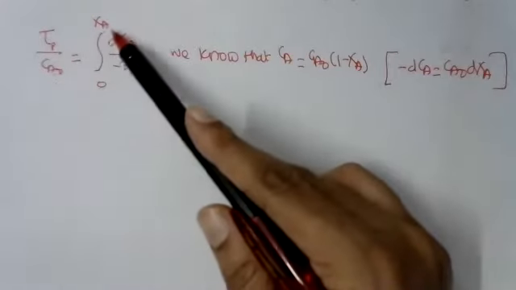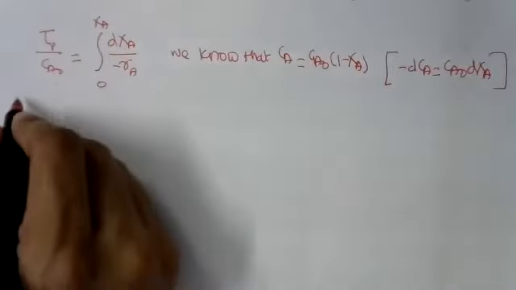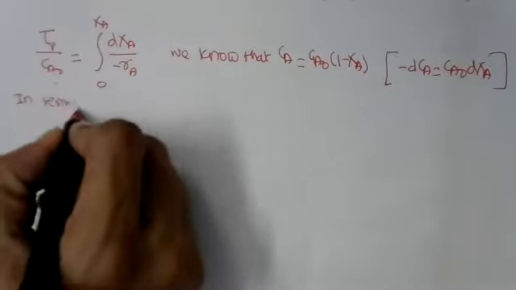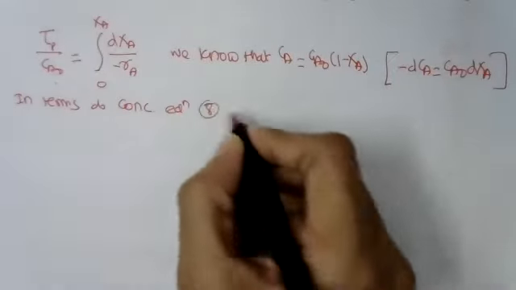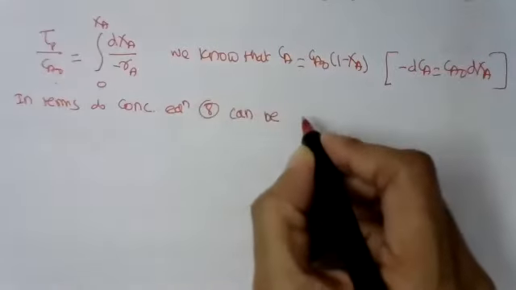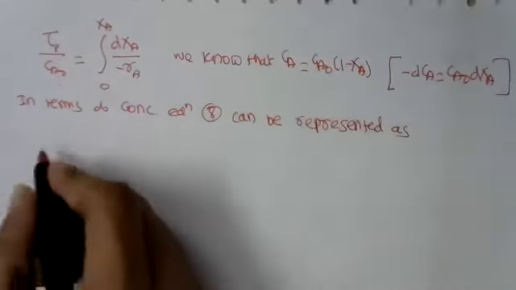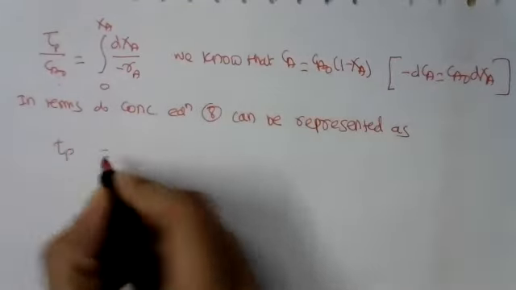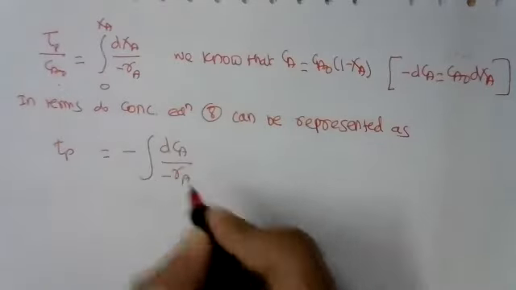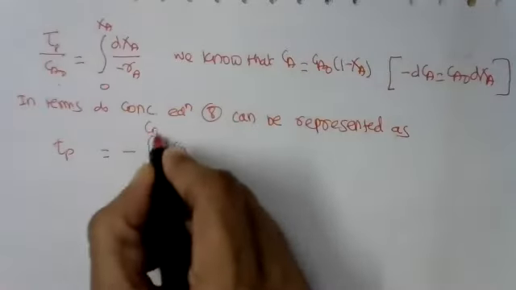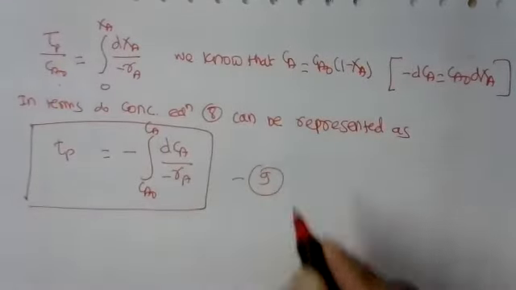Final conversion is XA, but final concentration is CA, and therefore in terms of concentration, equation 8 can be represented as tau p is equal to minus integration of dCA upon minus RA, where the limit varies from CA0 to CA. This is equation number 9.